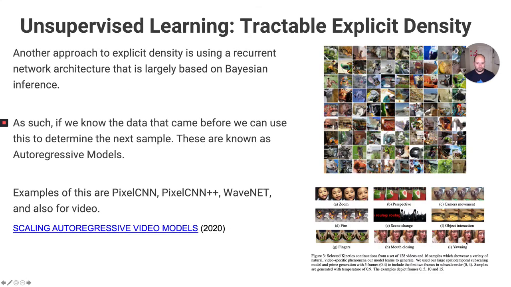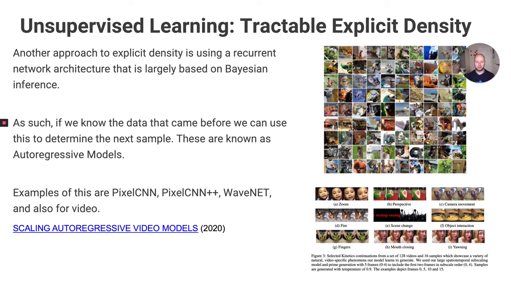Cool. So moving on to tractable explicit density. In this case, we're trying to directly come to this probability distribution function conditioned on our input data. And this is largely based on Bayesian inference, or what's called Bayesian networks. The way we do this is we recurrently apply this model over and over again.